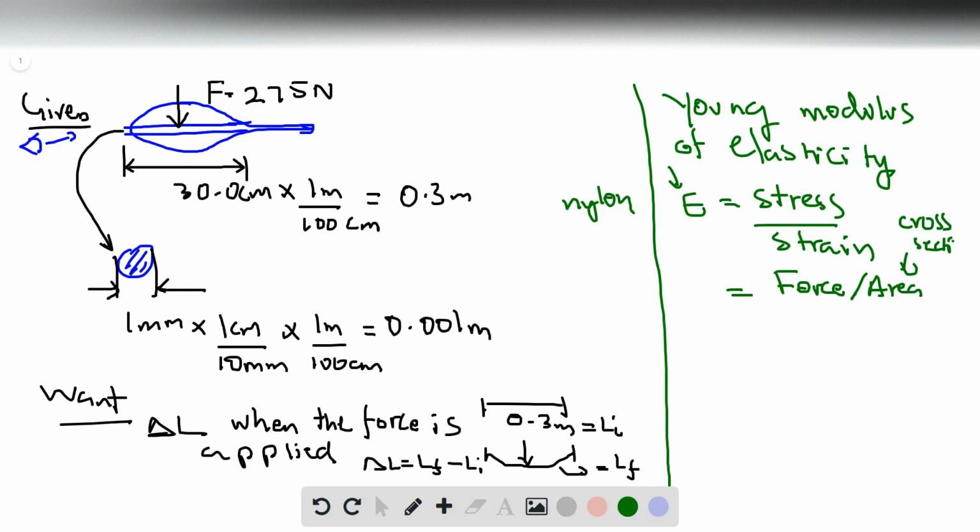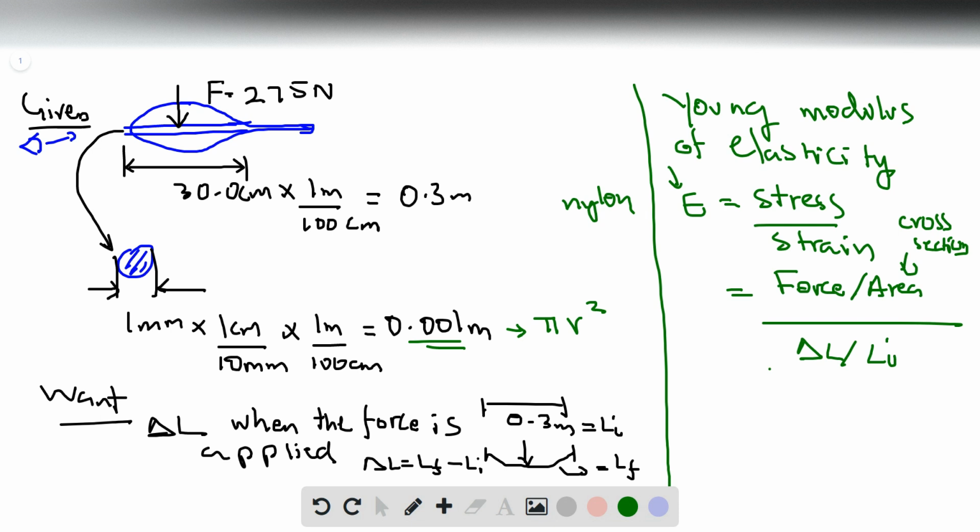We have to get that from this diameter using pi r squared. So we can use pi r squared to get that. And then stress over strain is force over area divided by strain, which is the change in length over the initial length.